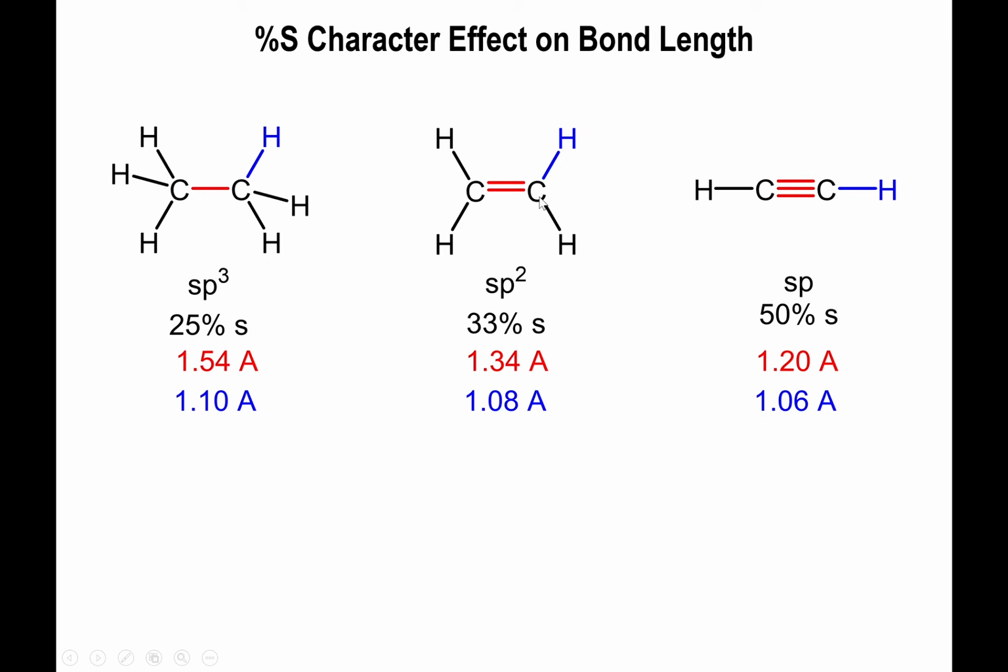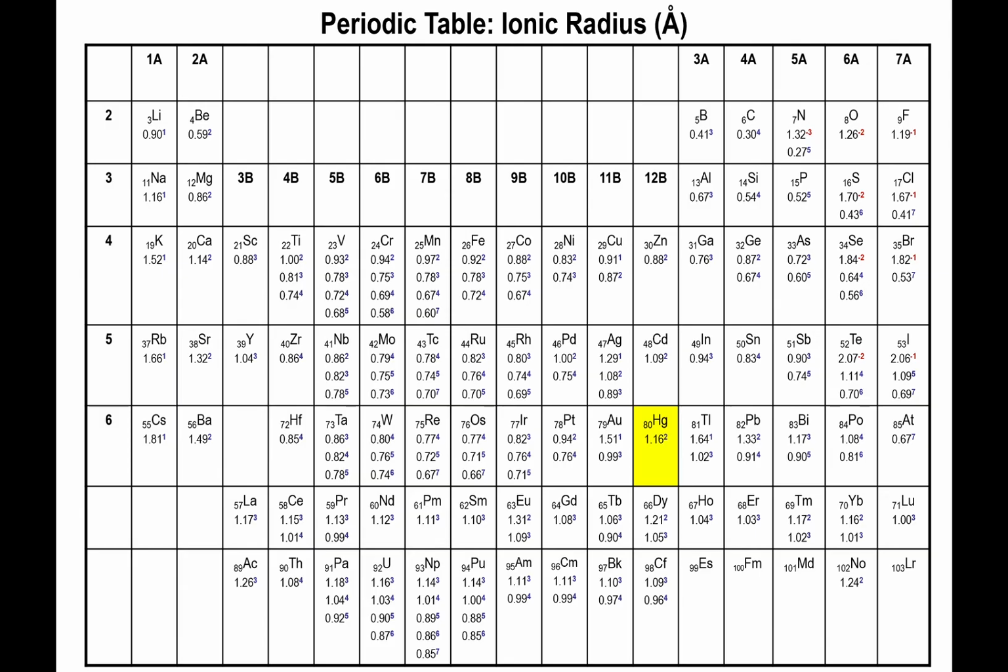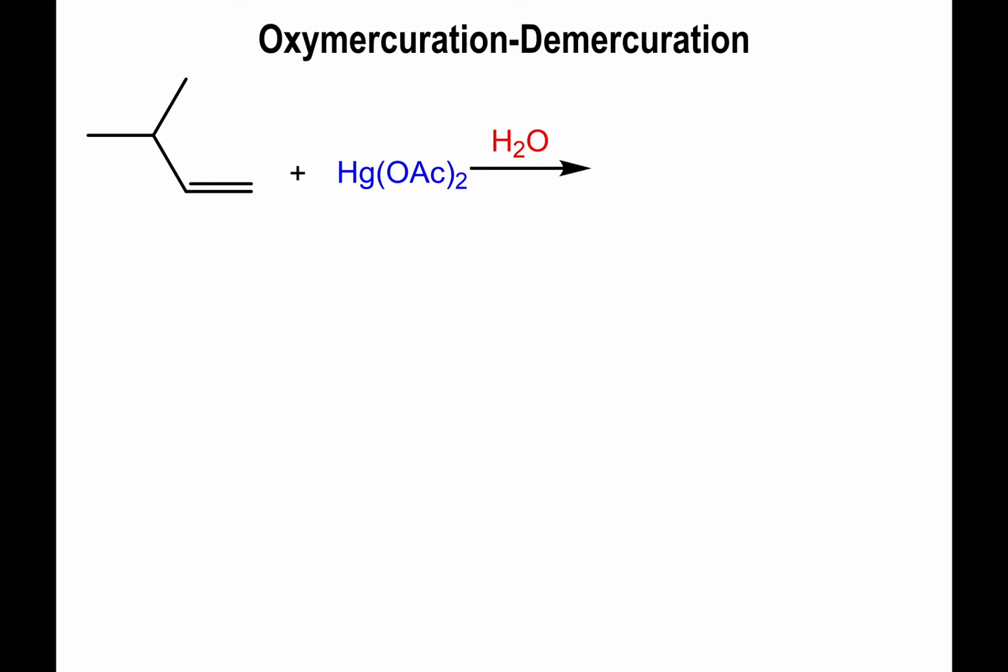So you could definitely have the mercury in essence sitting on both of those carbon atoms when it does interact with them. And this is the premise for the reactivity that we're about to mention.